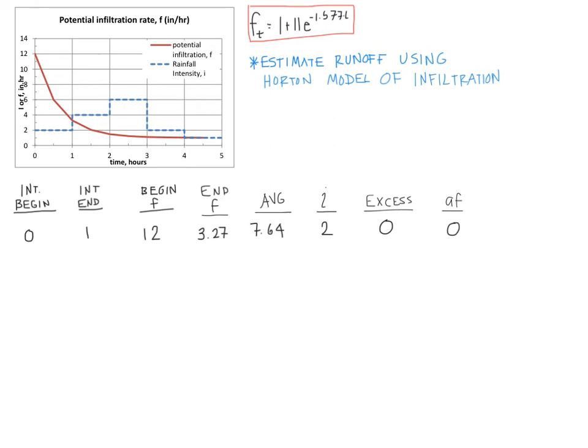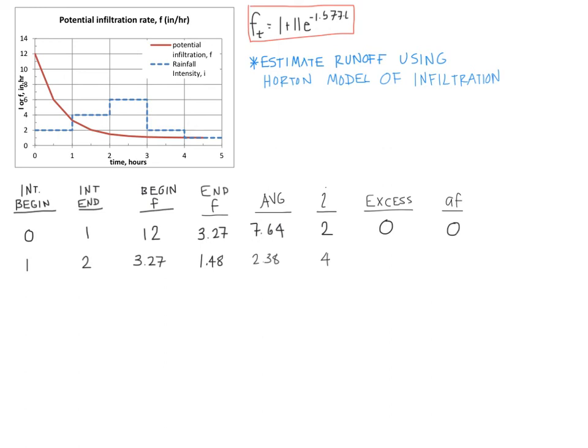So there's nothing that becomes runoff in that first hour. Let's look through the second hour. I'm going to start at time 1, end at time 2 hours. This will begin with 3.27 inches per hour and end with 1.48 inches per hour. My average here is 2.38. My rainfall was 4 inches per hour.